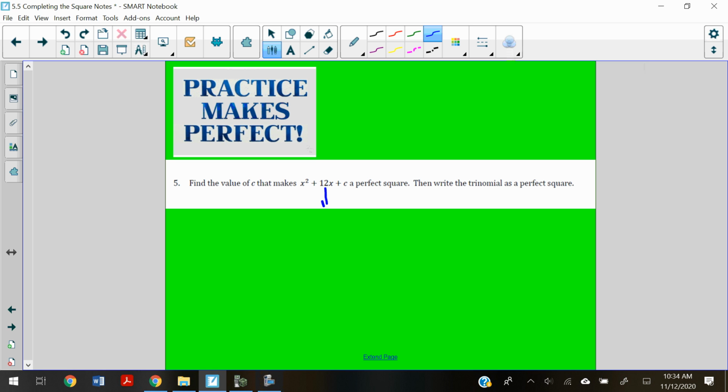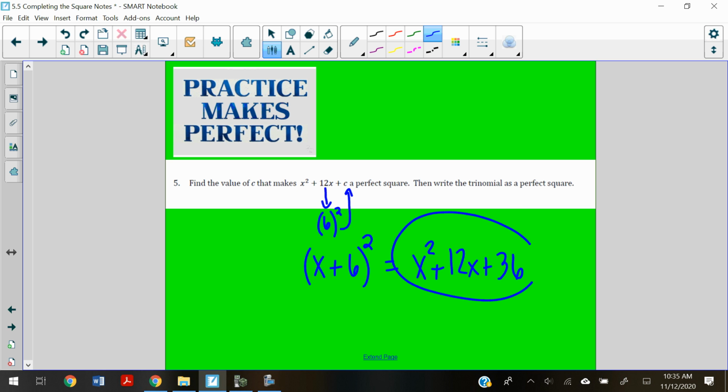So this is where we take half of b, which is 6, and we square it. And then that's what c becomes. So this is x plus 6 squared, which would be x squared plus 12x plus 36. So this is our trinomial out.